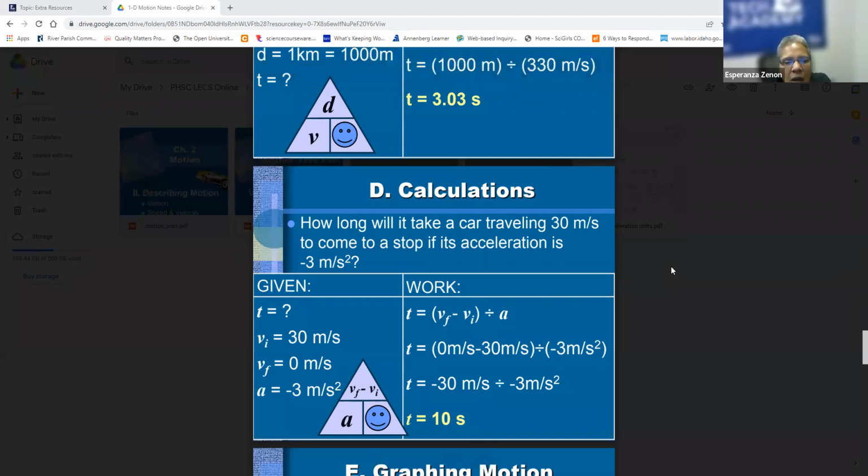All right. How long will it take a car traveling 30 meters per second to come to a stop if its acceleration is -3 meters per second squared? Okay. So this is similar in concept to the graph that you saw where the acceleration was constant but negative.